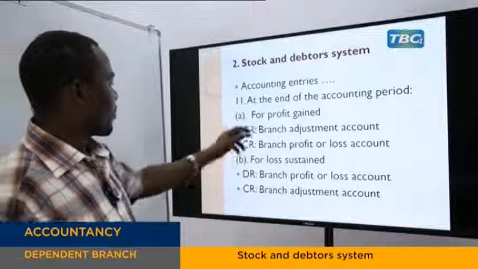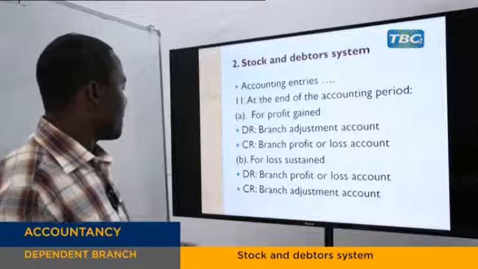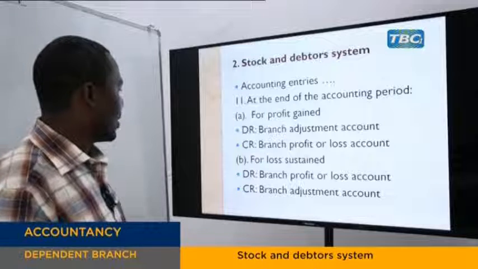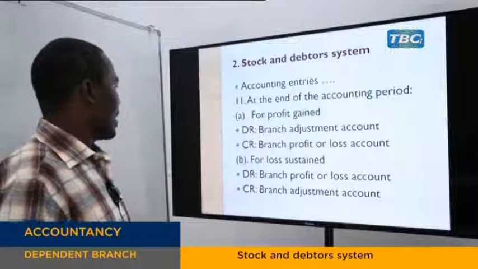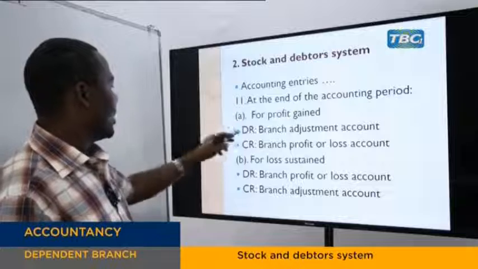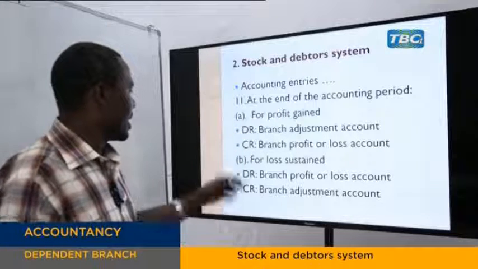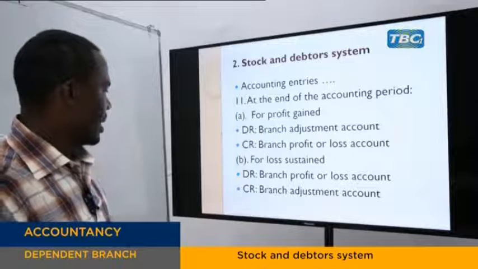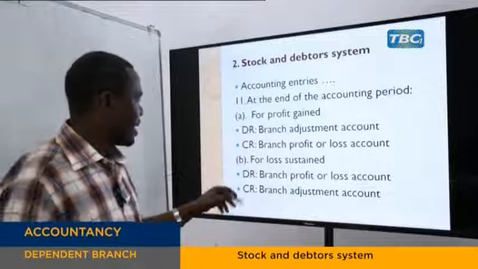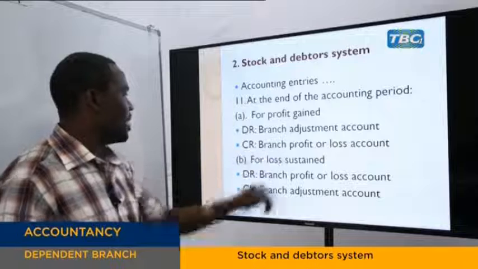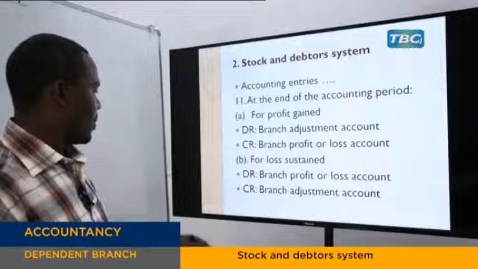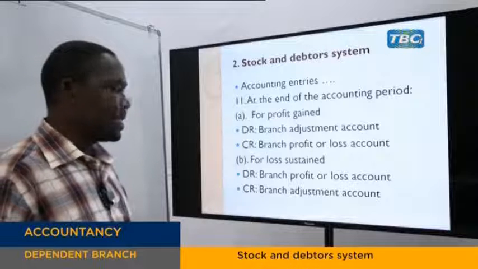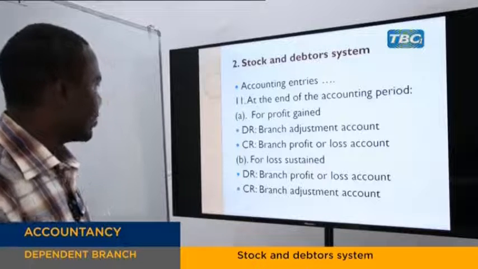Then in the branch adjustment account, if there is gain, we debit branch adjustment account and we credit branch profit or loss account. But if there is loss, automatically the impact will be in the branch adjustment account, where we debit profit or loss account and we credit branch adjustment account.